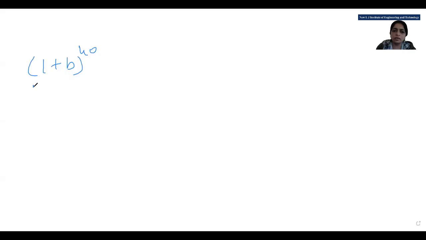First you have to write nCr. What is the formula? Does any student remember the formula for the binomial theorem?